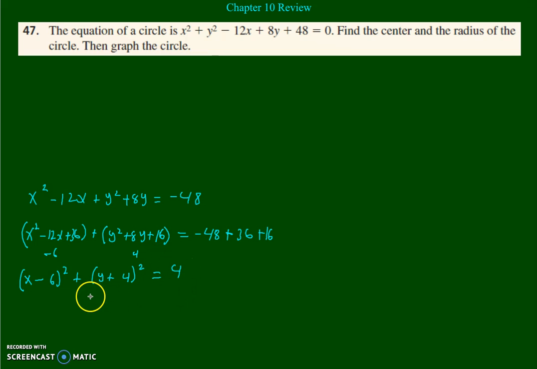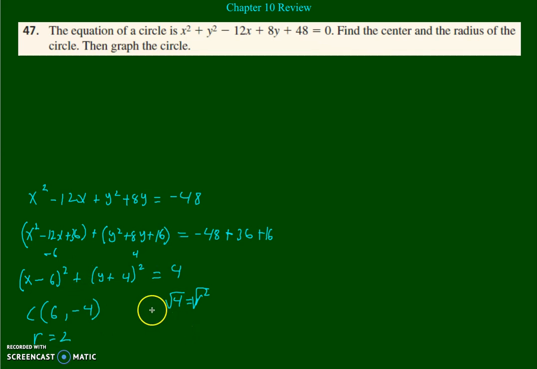So that tells us that based on this, we know our center is at 6. It's always opposite the sign here. Negative 4. And our radius, since this 4 equals r squared, take the square root of both sides, our radius equals 2.